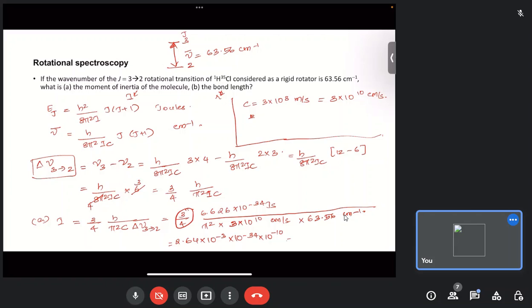So this is 2.64 into 10 to the power minus 47 kilogram meter square.